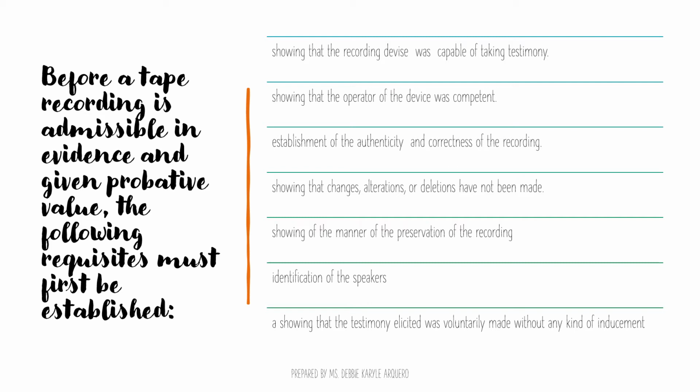So how will the person who took the tape recording establish its authenticity or accuracy? The person who will be called to testify must know the principles on how he came up with such recording, ayan, and how accurate it is.